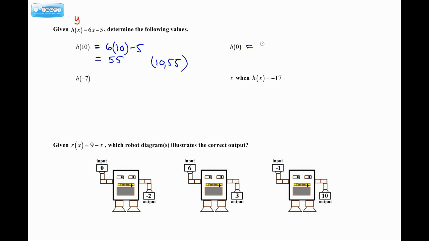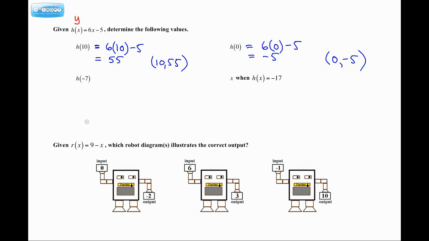So I just do 6 times 0, that is 0. Take away 5, I just get negative 5. So that's my y value. As an ordered pair, if I wanted to plot it, x would be 0, y would be negative 5. Okay. So again, this is just notation. Right?